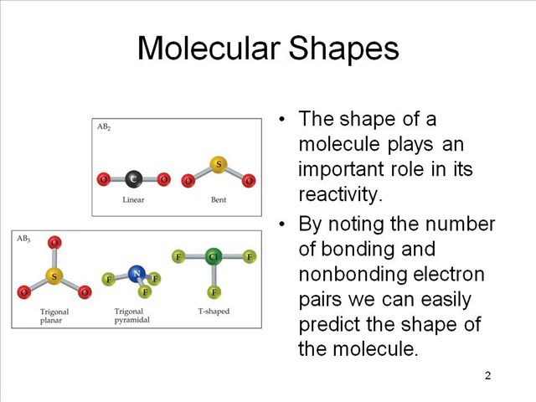There's a good number of shapes, and I'm going to be handing out to you a very good summary sheet of this shape issue with all the possible shapes and the situations that cause each shape. When you get that sheet, it's going to be imperative that you memorize all of it.